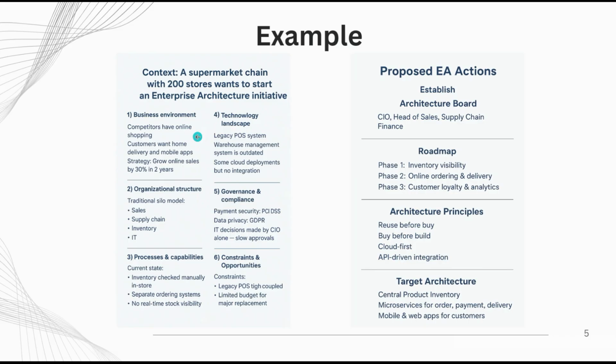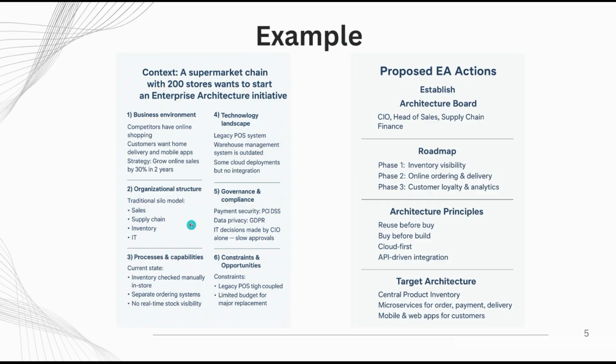In the business environment, competitors are having online shopping, whereas our organization is still manual, and customers want home delivery and mobile apps. That's how the market is, and our organization has to implement that. And the strategy is to grow online sales by 30% in 2 years. So the existing sales has to be improved by 30% in 2 years.